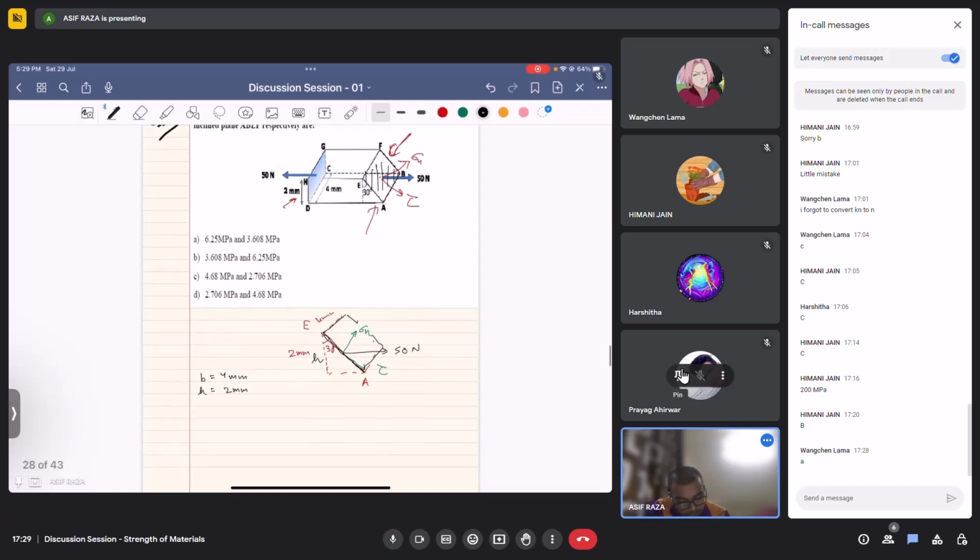So this is H, this is 30. Let's say it is X, so X cos 30 is equal to H, so X would be H upon cos 30.